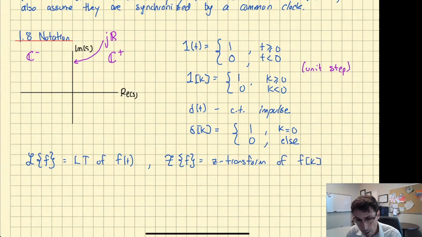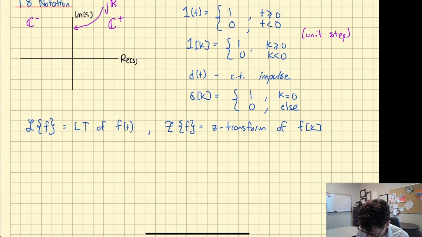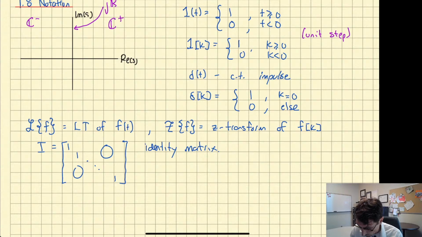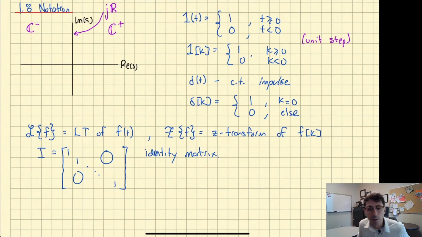Lastly, when I write the symbol I, I will typically be talking about an identity matrix. So this is basic notation that we're going to use throughout this course, so keep that in mind as we go through.